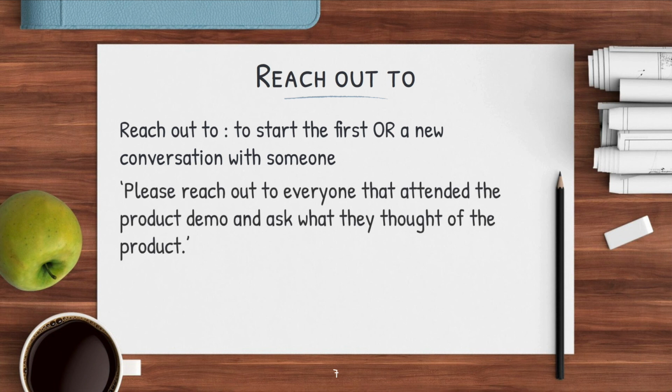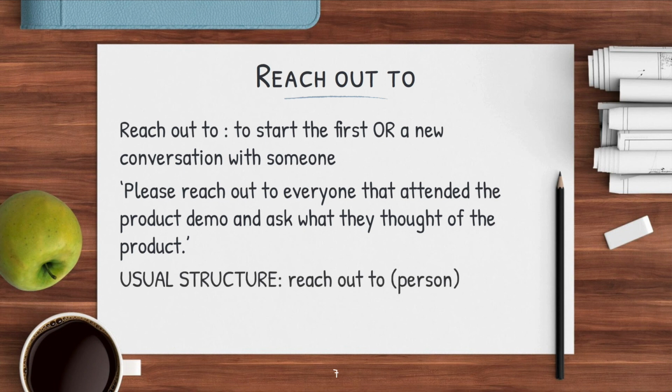For example, please reach out to everyone that attended the product demo and ask what they thought of the product. So please start a new conversation with the people that attended the demo. For the structure here, you would use reach out to and then the person or people that you are getting in contact with.